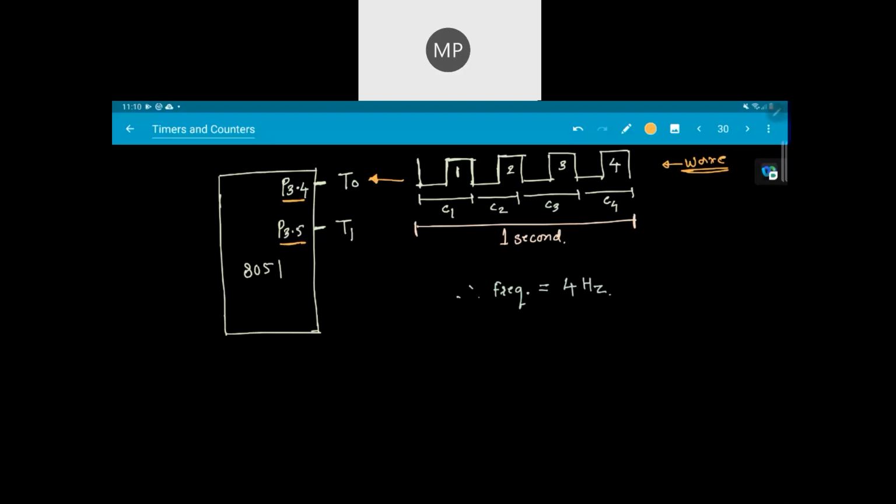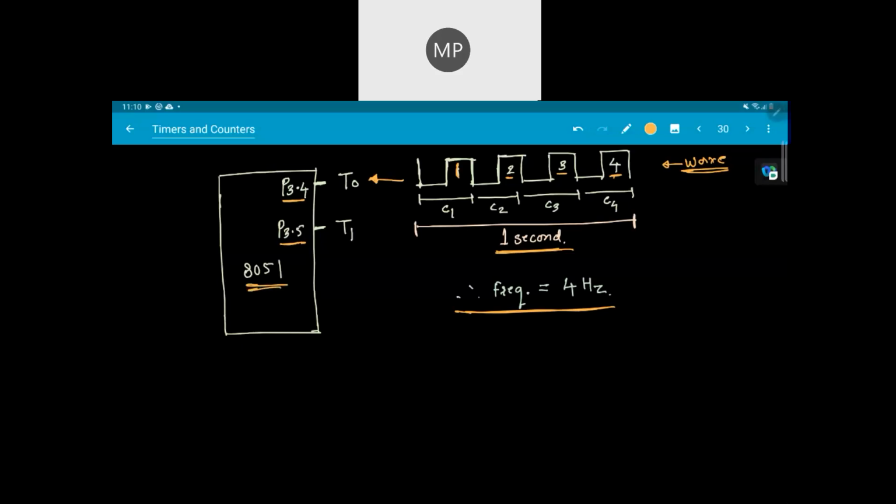So we'll count it as 1, 2, 3 and 4. Now since we have 4 pulses counted in 1 second duration, we'll say that the frequency of the wave we have applied is 4 Hertz, right? How to achieve this using 8051?